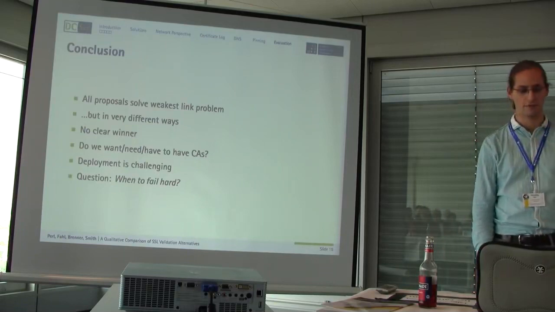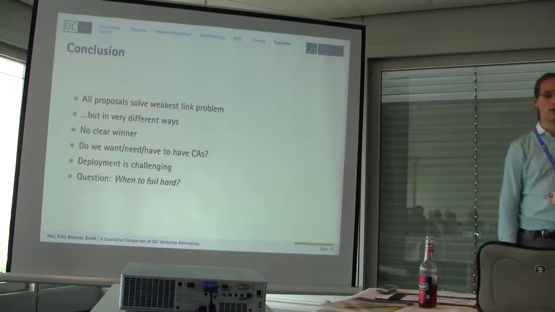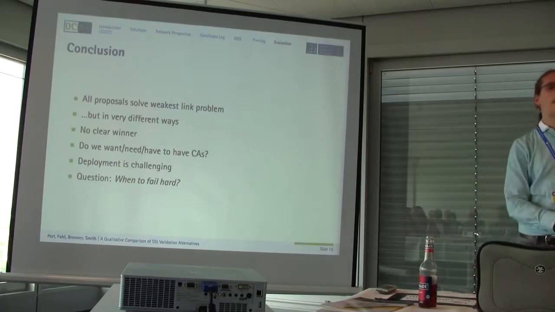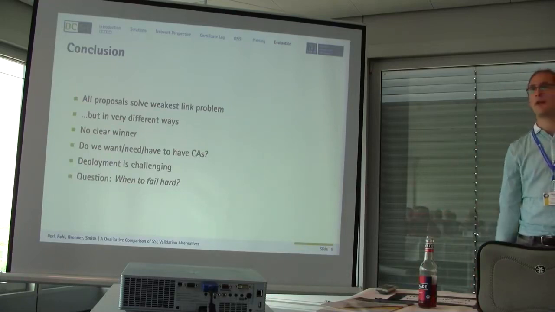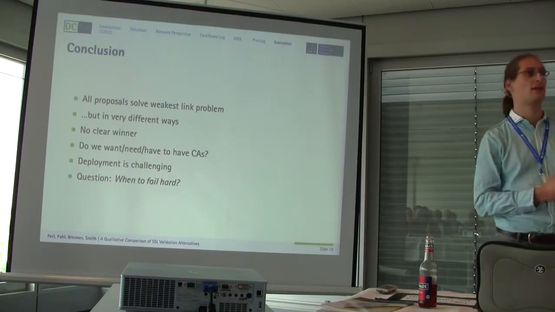Do we need, or have to have CAs? That's a big question. Also, we found out that deployment is really challenging. So even if I have the perfect system, even if I know how the system should behave in every little detail, the migration is quite hard.